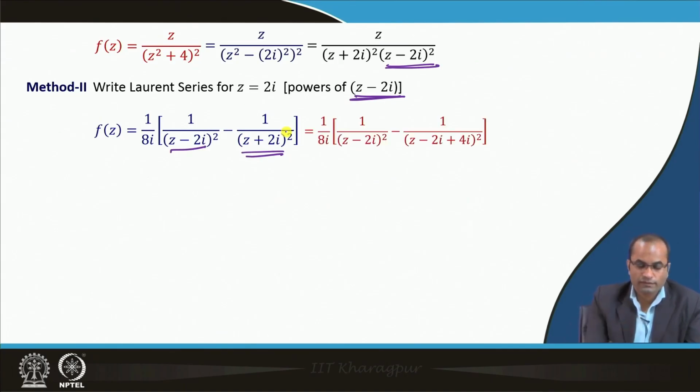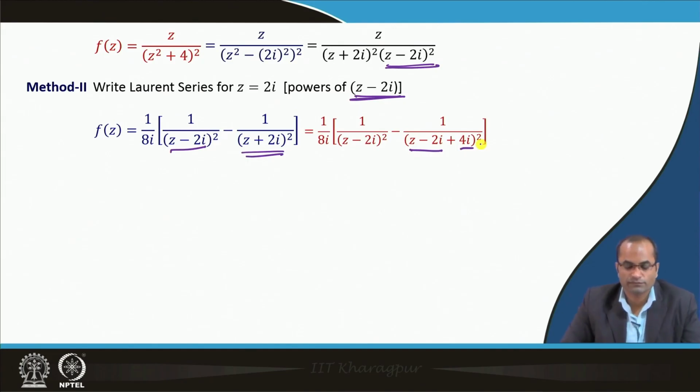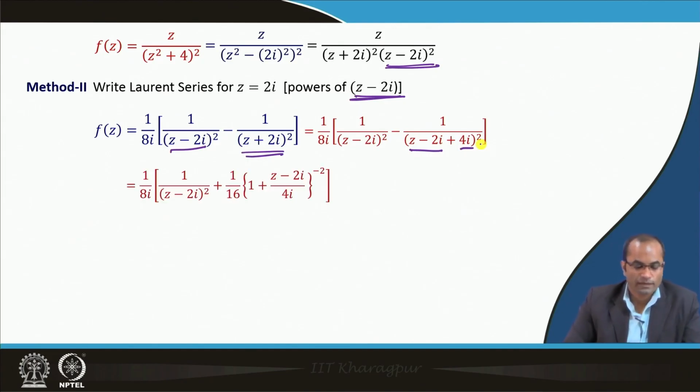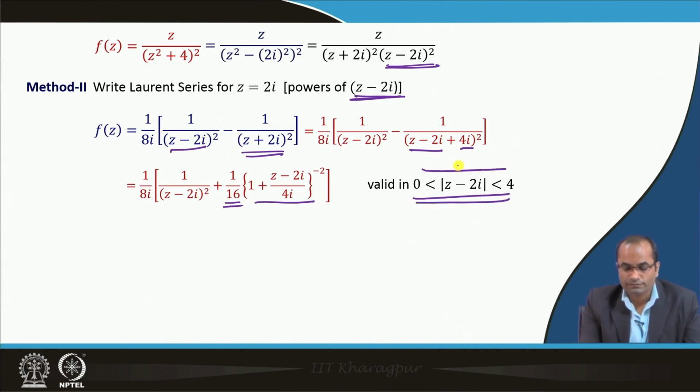We can rewrite this as z minus 2i, and to compensate we have this 4i, and then we take the 16 common, the (4i) squared term. So, 16 i squared, that minus minus will become plus, and we have here (1 plus (z minus 2i) over 4i) whole squared, and this is valid in this region, |z minus 2i| less than 4.